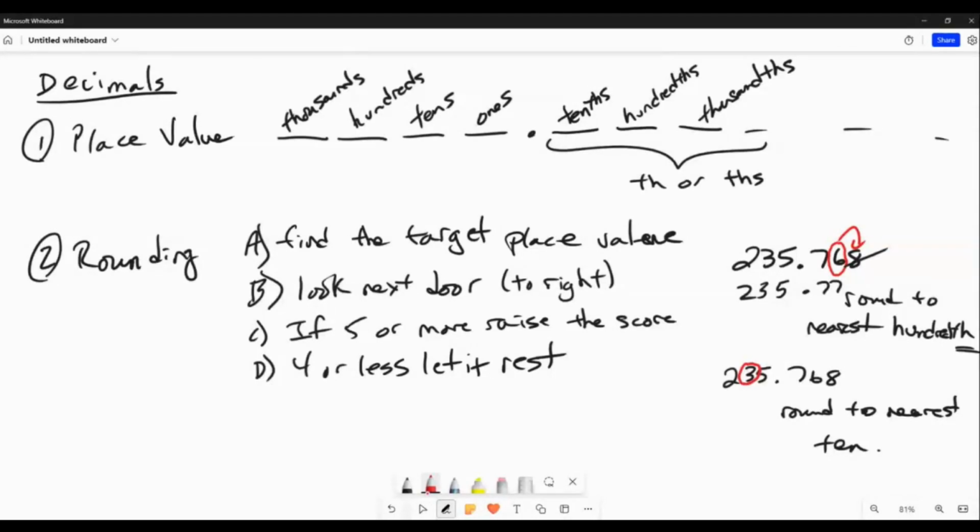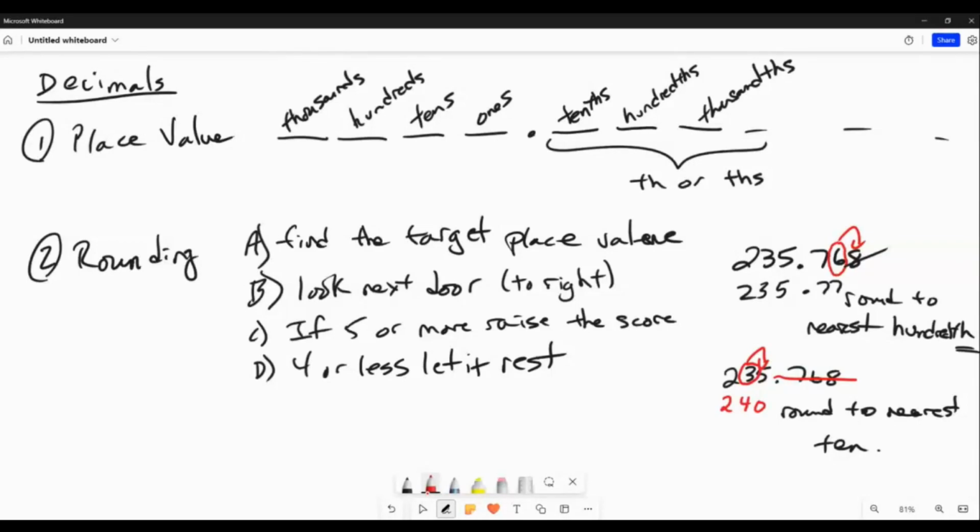This is the tens place. You've got to know those place values. That's our target. Look next door. 5 or more, raise the score. So that 3 has to become a 4. The numbers in front stay the same, and then we have to backfill any numbers behind it with zeros until we get to the decimal place, and then everything else drops.